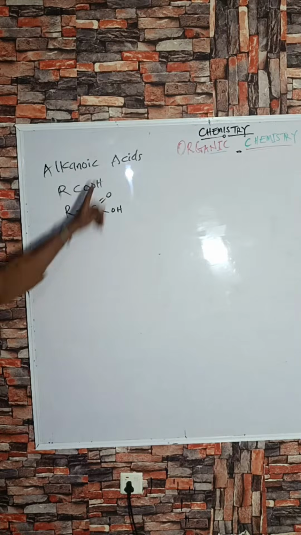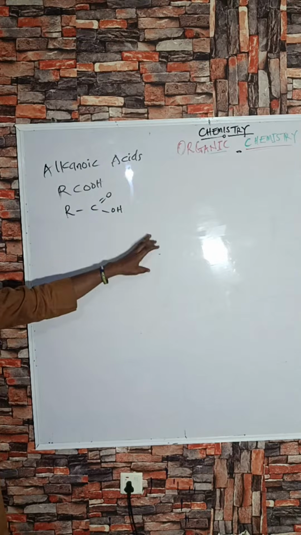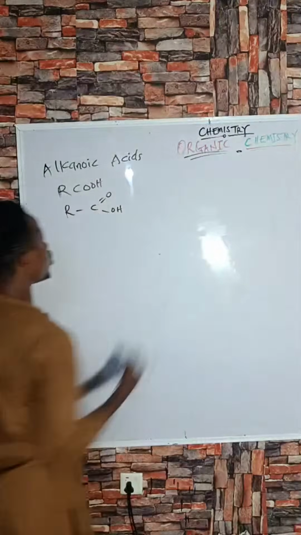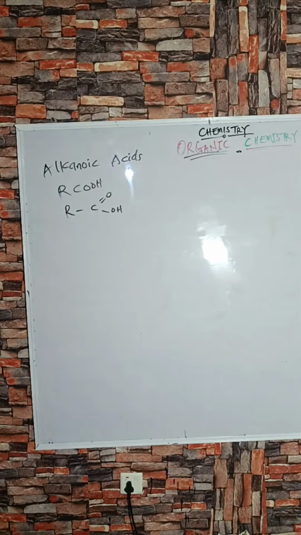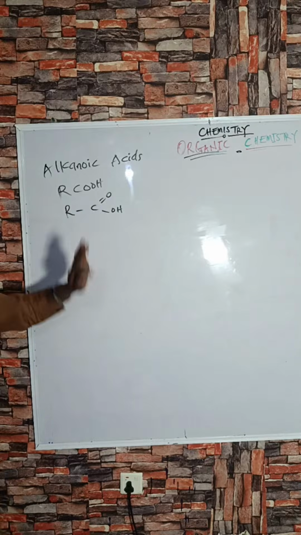There's a carbonyl at the top, and then there's an OH. So it's a combination of carbonyl and hydroxyl. All right, that's for your RCOOH. Okay, so once it's 11 o'clock, it's 11 o'clock. I should make my announcement, and then I'll see if I want to continue or otherwise. All right, so RCOOH, we call that alkanoic acid.